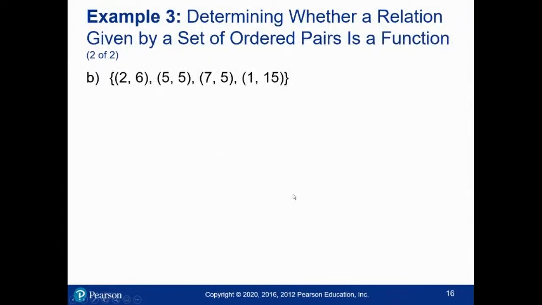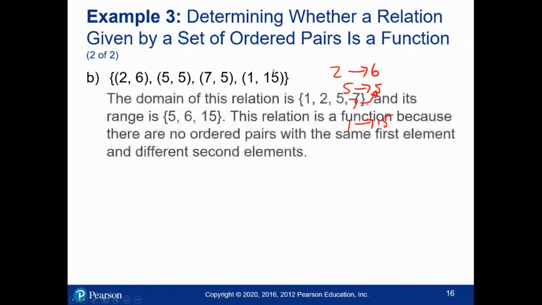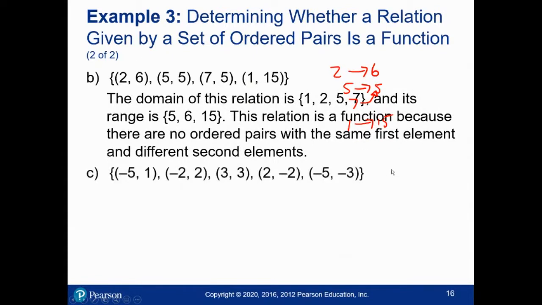How about this? Okay. Well, 2 gets sent to 6, 5 gets sent to 5, 7 gets sent to 5, and 1 gets sent to 15. So is this a function? Yes. Okay.